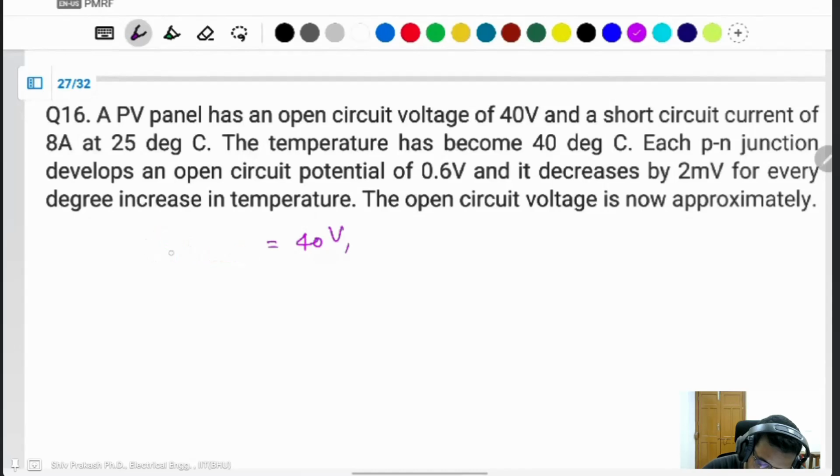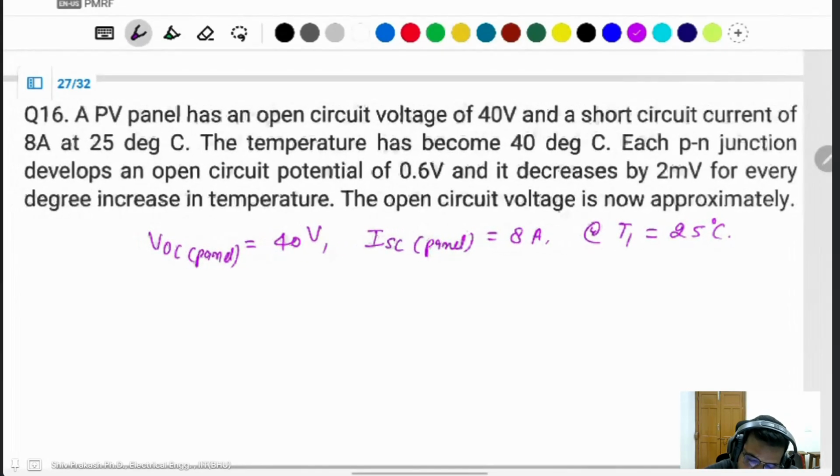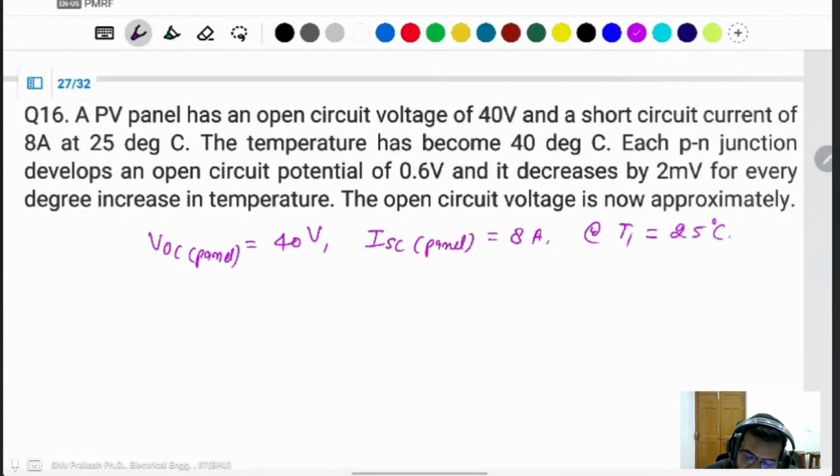This is the VOC of the panel, and the short circuit current of the panel is 8 ampere at T1 equal to 25 degrees centigrade. Now it says that each PN junction develops an open circuit potential of 0.6 volt and it decreases by 2 millivolt for every degree increase in temperature.